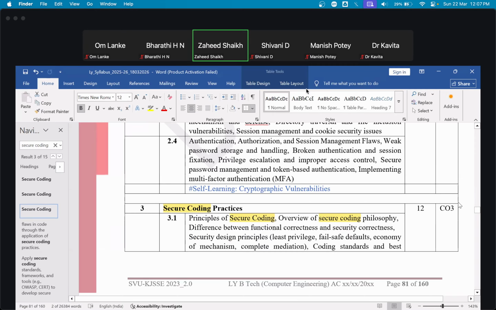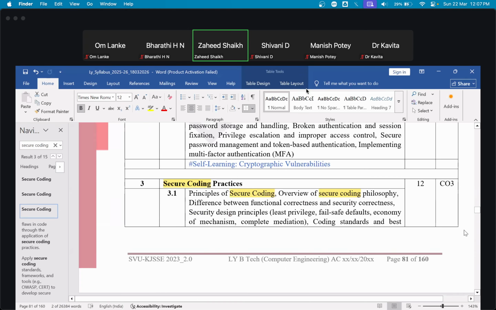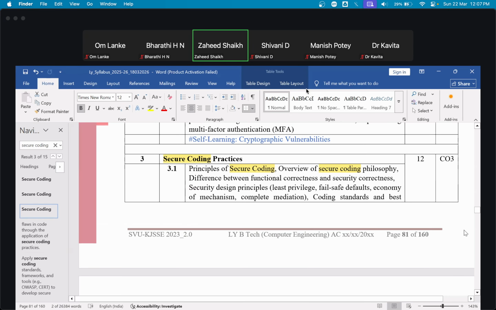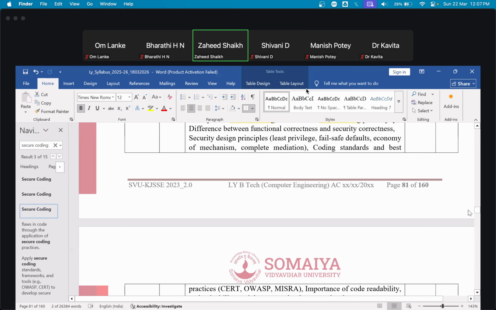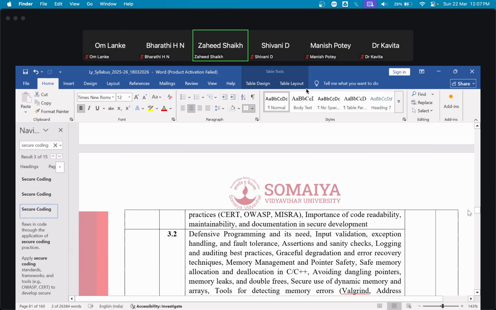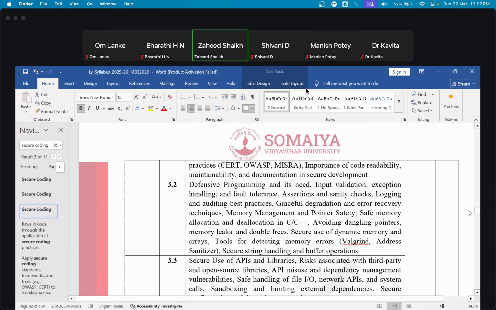Module number 3 talks about secure coding practices, the basic fundamentals of secure programming: the principle of least privilege, the concept of fail-safe states, and how the mediation part comes into the picture. How do we control and mitigate such attacks? We cover that in this module. Module 3.2 talks about defensive programming.